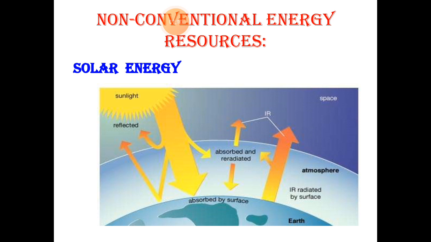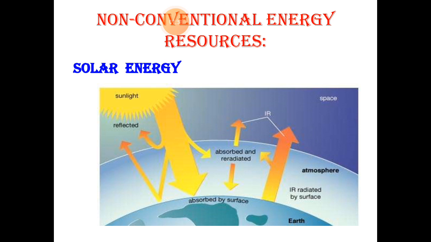Now, we shall understand these natural non-conventional energy resources one by one. First one to start is our solar energy. As we all know, sunlight is the largest source of energy on the earth.